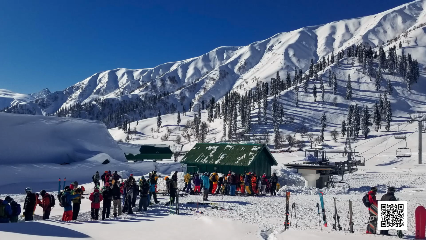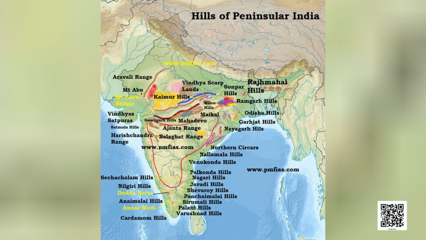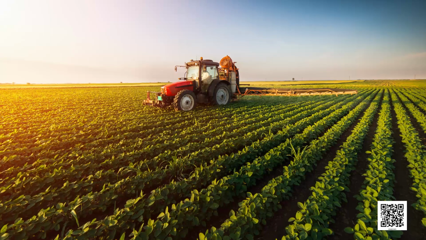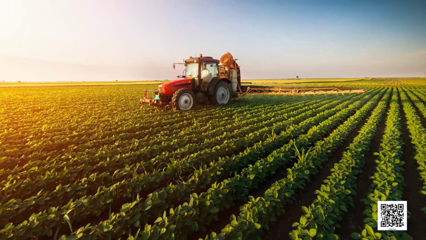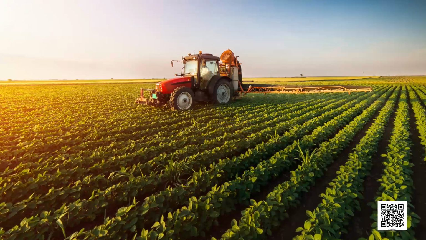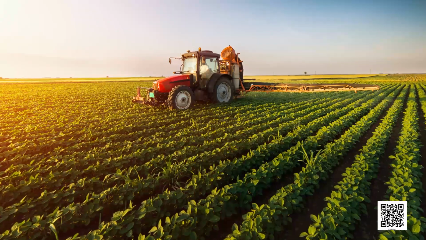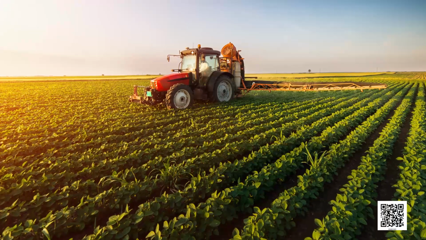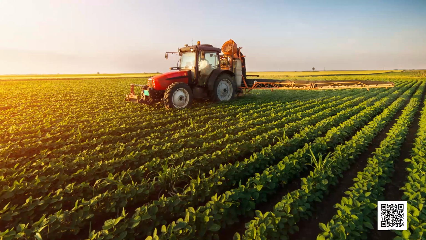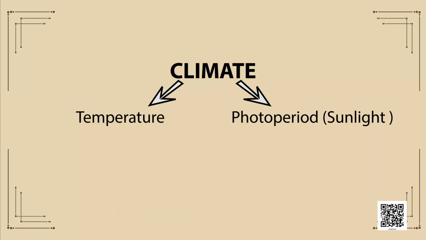On the slopes of the Himalayas and the hills of the peninsula above the height of 915 meters, the fall in the temperature affects the types of vegetation and its growth and changes it from tropical to subtropical, temperate and alpine vegetation.